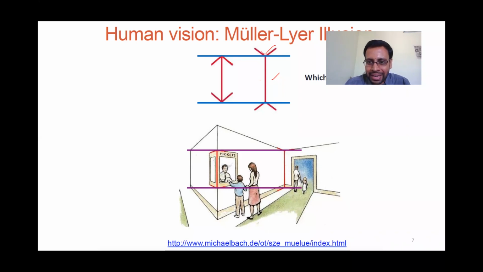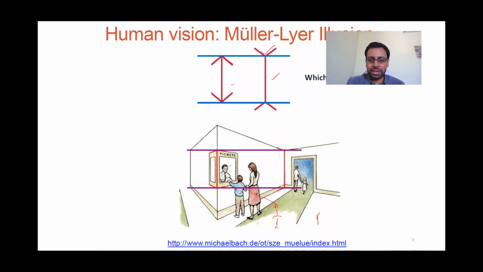We have been trying to interpret 3D from 2D, and in perspective projection, these two arrows are different. Look at this example here. You are taking a picture where you are close to this. In order to get this picture, you should be somewhere near the ticket counter. So assume that you are standing somewhere close to it and taking a picture.